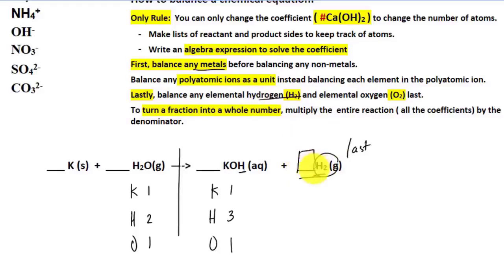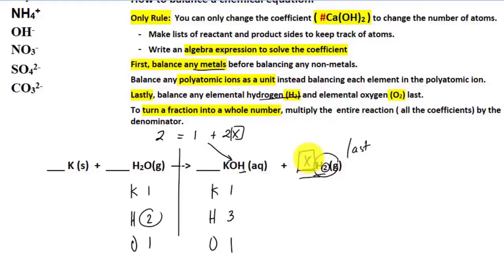So let's determine the coefficient right here. In an equation, well, first of all, we know that this side, right? Let me set up right here. This side has 2 hydrogen, okay? And over here, what do we have? We have 1 hydrogen coming from this one right here. But over here, we have a subscript right there. We can say that this is 2x, where the x is going to be this one right here. Can we solve for x in this case?